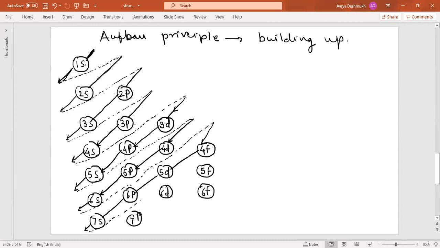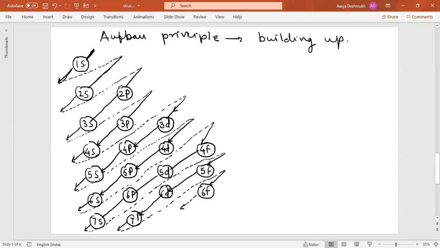Go up with the dotted line. Nothing should be in between. Then come down. 5f, then 6d, then 7p. Then again you go up with the dotted line. Nothing should be in between your path. Then 6f, and so on.